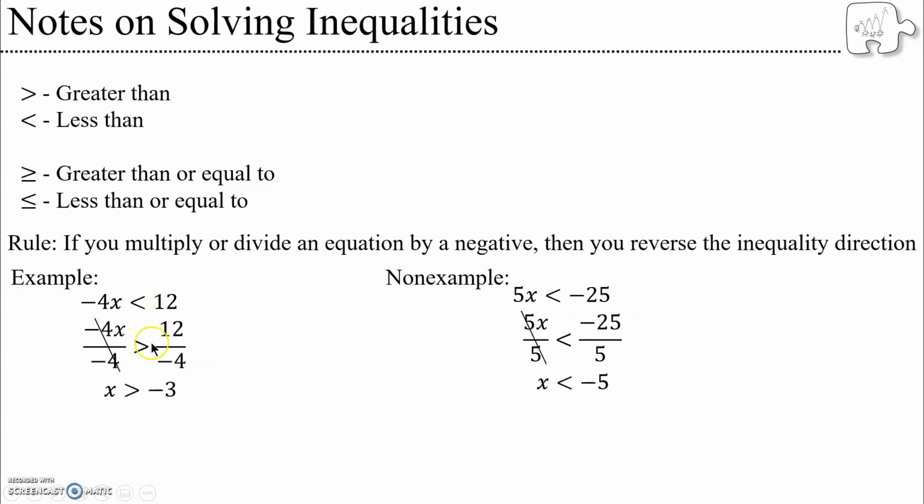It was pointing to the left, now it's pointing to the right. It was a strictly less than, and afterwards it became strictly greater than. And here's a non-example. For this one, we're dividing both sides by 5. Even though the right side is negative, we're dividing by +5, so the direction of the inequality stays the same the whole way down.